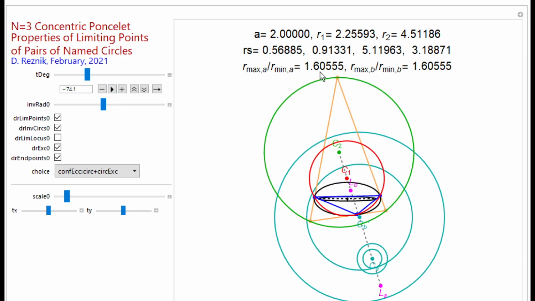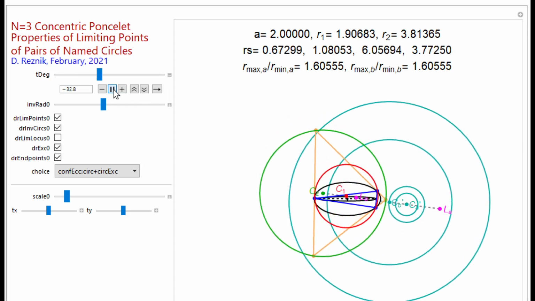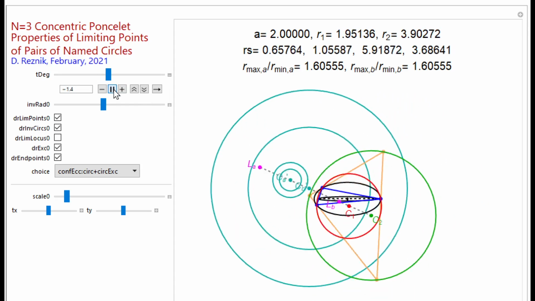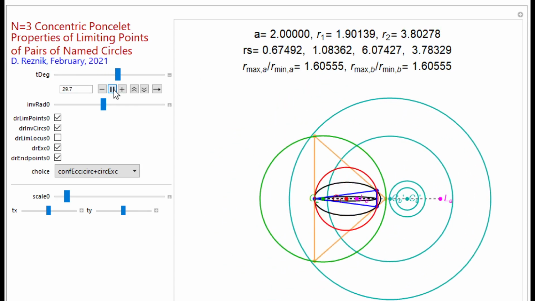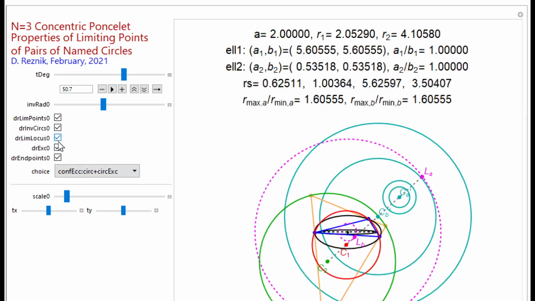You can see here that they're stuck at 1.6055. So this is a first invariant. A second invariant, or property, concerns the locus of these two limiting points as you traverse the family.